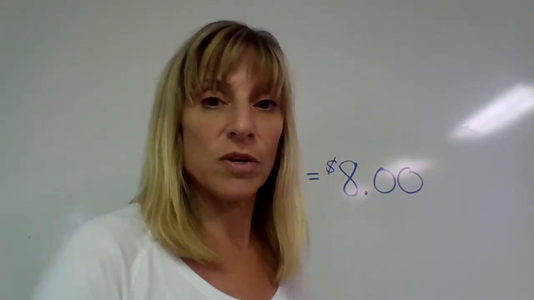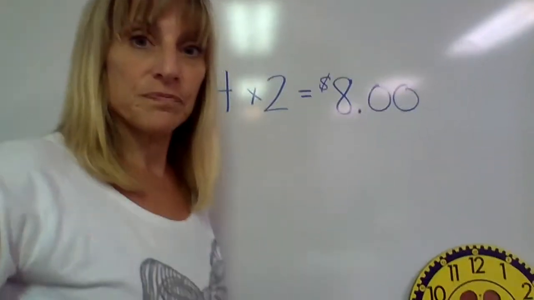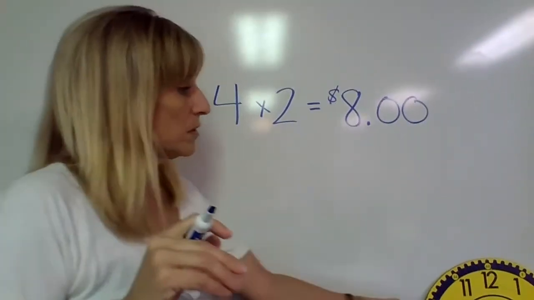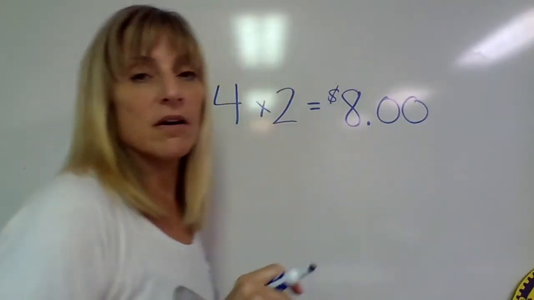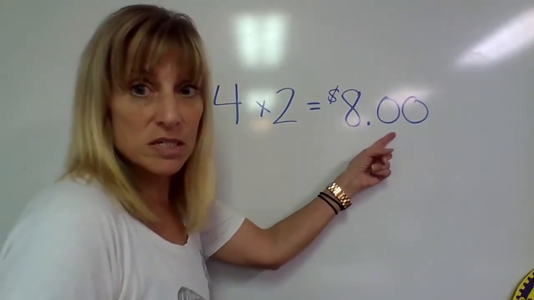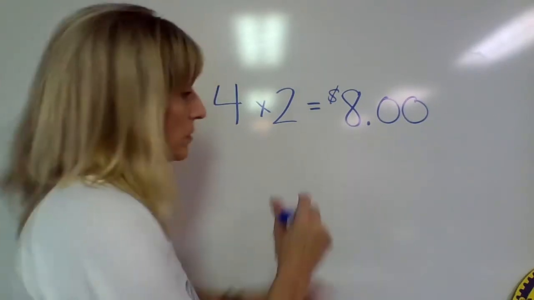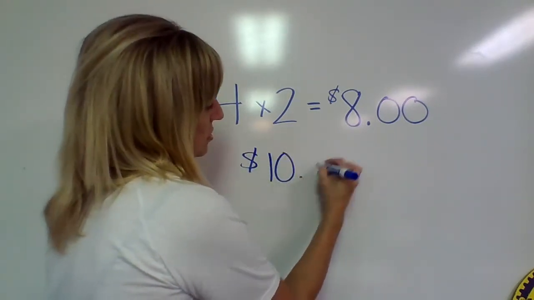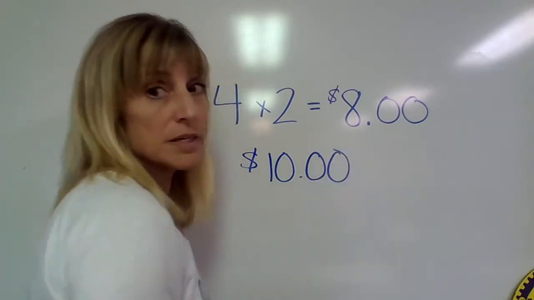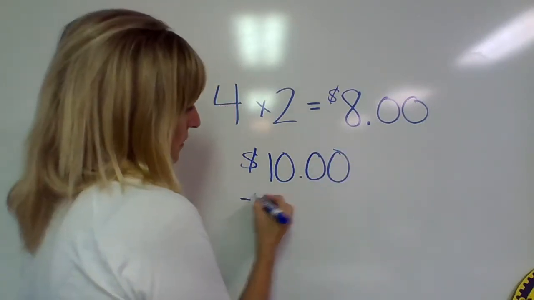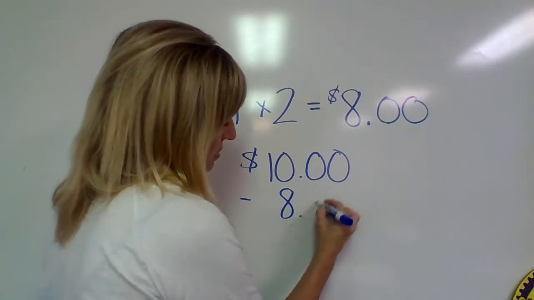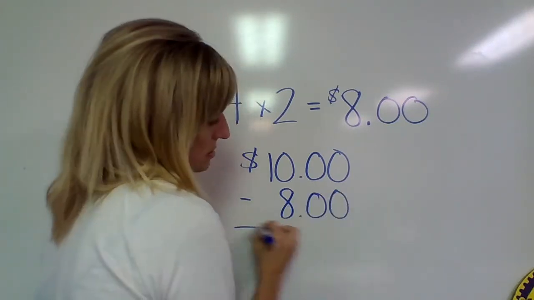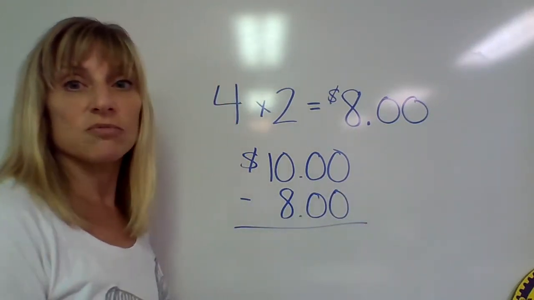All right, now we can do some subtracting again. Okay? Move my clock out of the way. All right, so the magnets cost $8. She gave the clerk $10. Okay, so we're subtracting again. How much money would she have left?